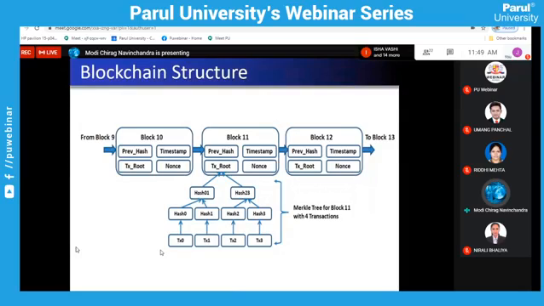So even if you modify a single bit in any of the transactions, it will change the hash of the complete block, and the hash value of this block 11 may not be lower than block 10's hash value. Ultimately, block 11 will be invalidated. Due to that, block 12 will also be invalidated. So using this, it provides the immutability feature.